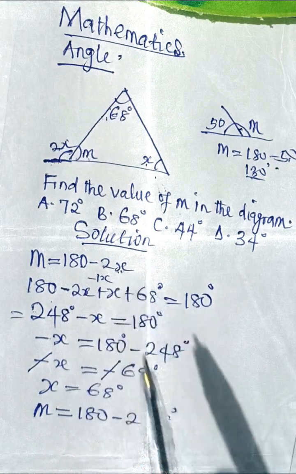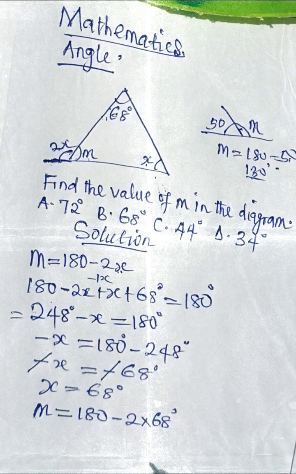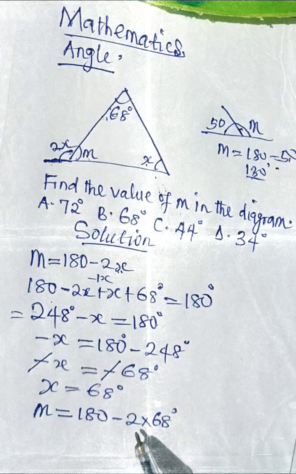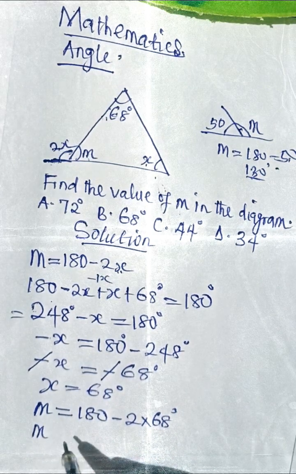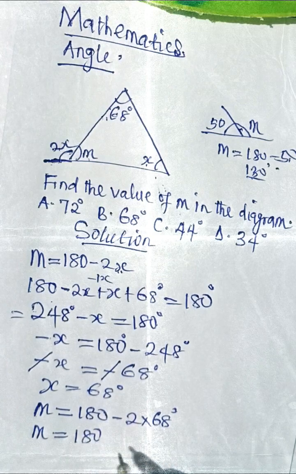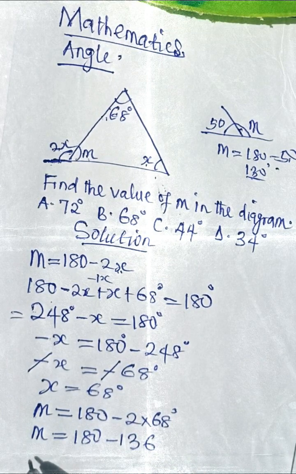I just substitute the 68 here. So 2 times 68 is what? 2 times 8 is 16. 2 times 6 is 12 plus 1 is 13, so 136. So m equals 180 minus 136.